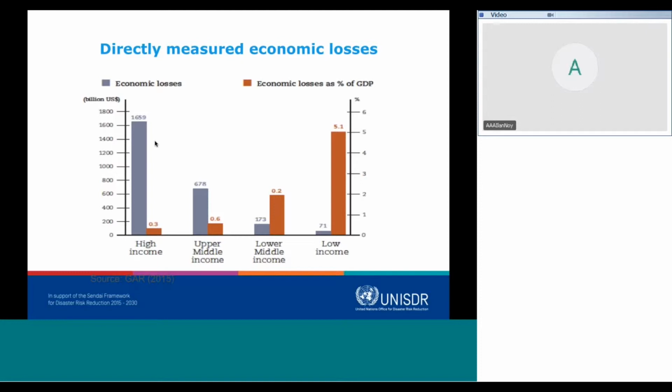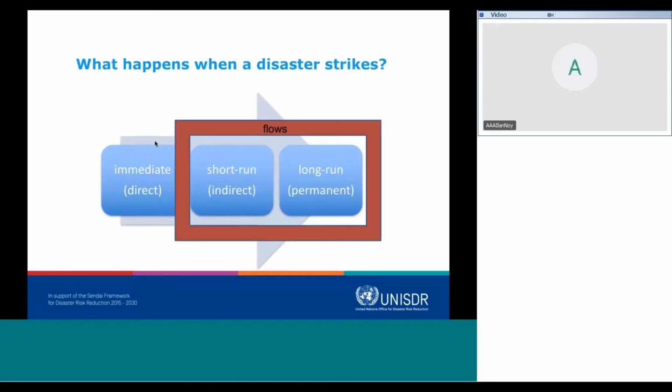So we need to think about exactly where those assets are lost, and what is the meaning of those asset losses for the people who suffer that loss, whether it's the government, the local government, organizations, households, etc. Okay, but what we do want to emphasize more is the indirect impact.